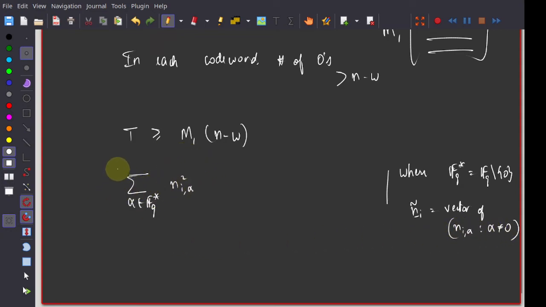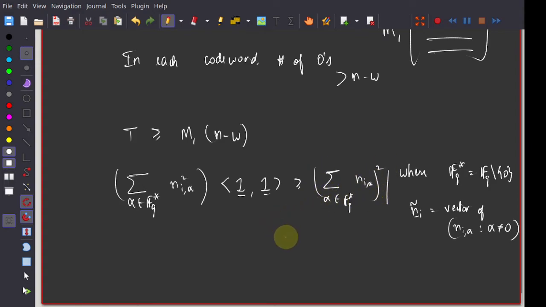So this times the inner product of the all ones vector of length q minus 1 with itself is greater than or equal to the sum of n_i,alpha, the whole square.